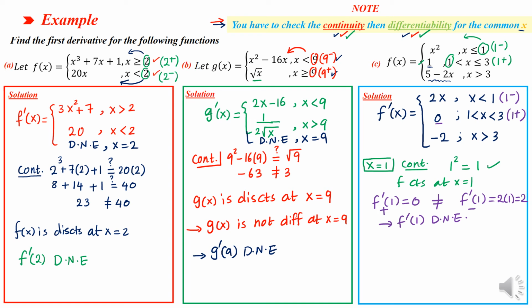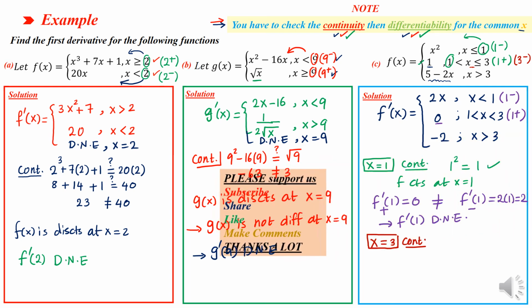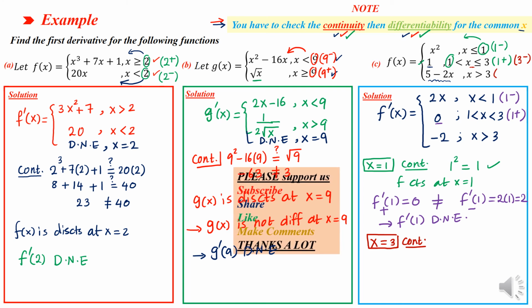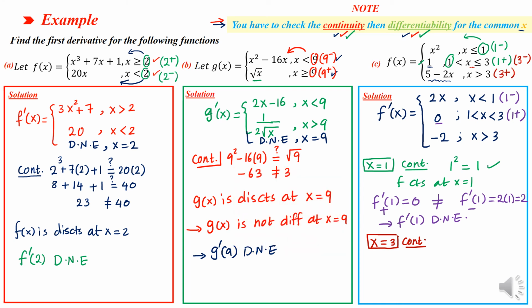Now with the same procedure, you have to check the continuity around x equals 3, then the differentiability. For the continuity around x equals 3, in this interval we have x less than or equal to 3, which means 3 from the left, and here we have x greater than 3, which means 3 from the right.